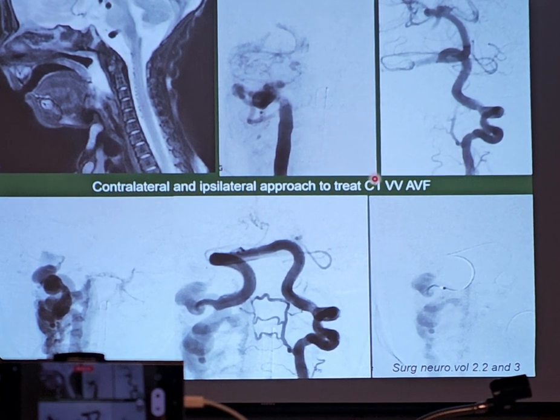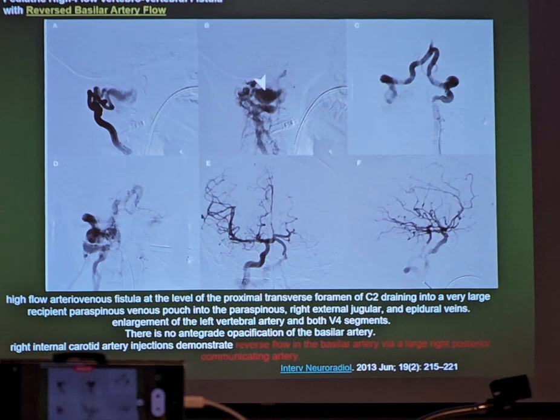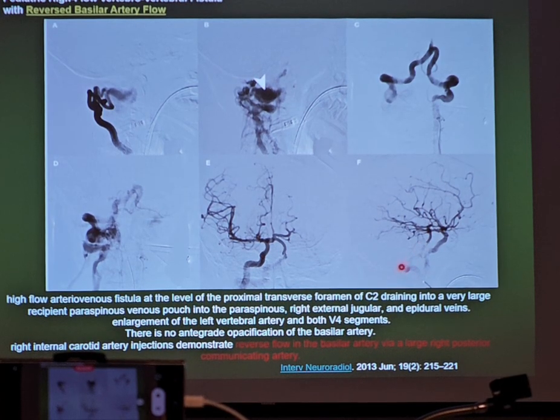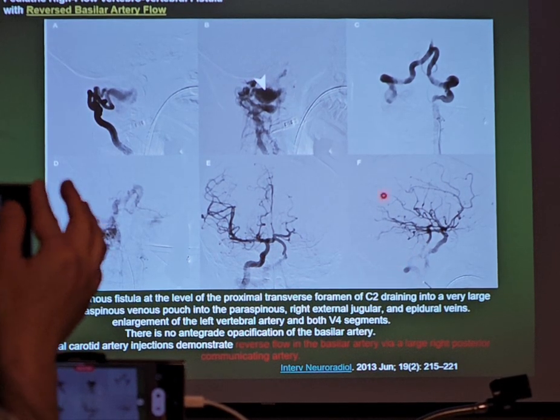So in this situation, even if you go to the contralateral side to treat the patient, we all know about reverse basilar artery flow: if you inject the anterior circulation, for sure through the PCOM or other connections, it runs down to supply all the posterior circulation.